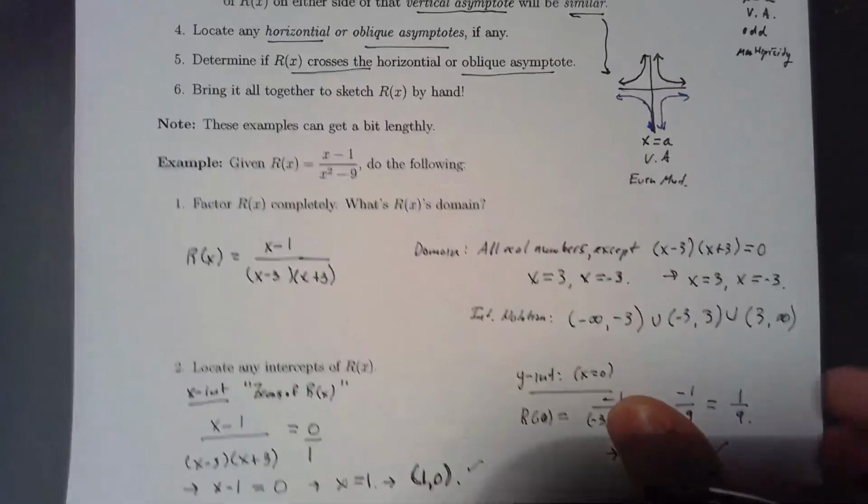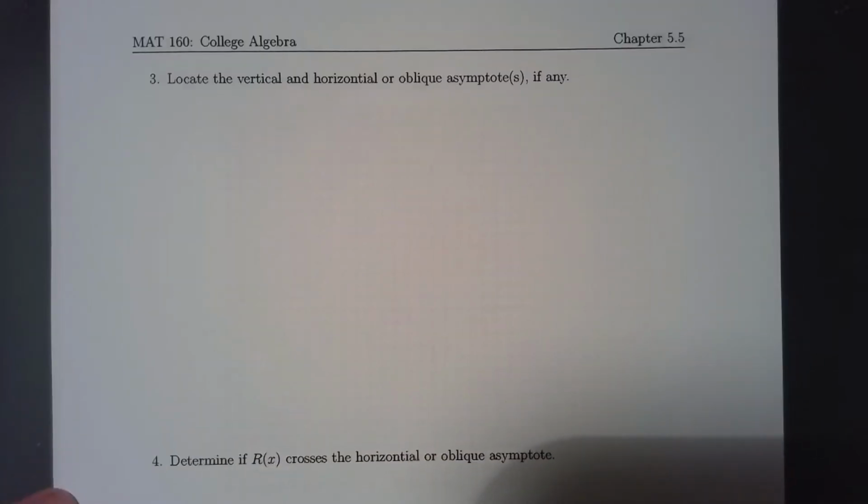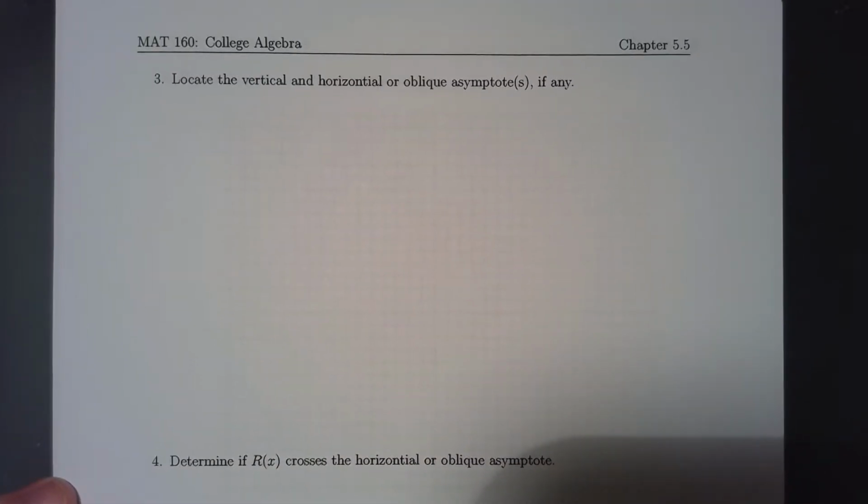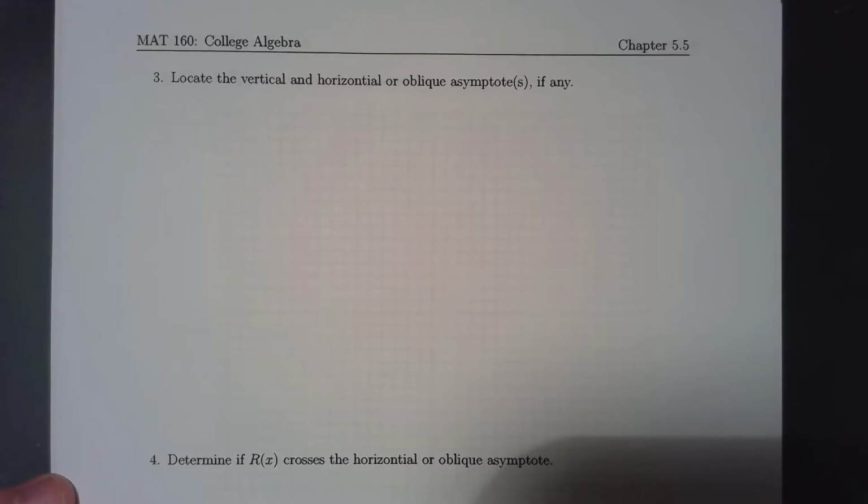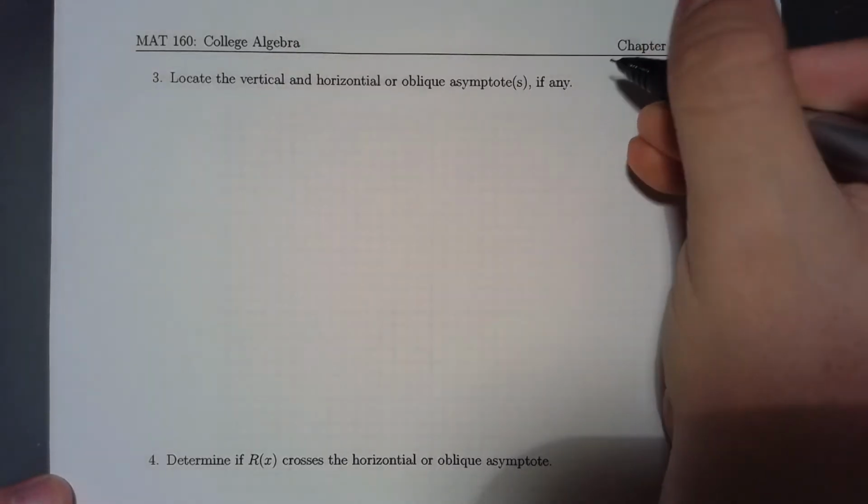So let's keep going. When we get to the point where we're going to graph this, I will rewrite all the information on that sheet. So locate the vertical and horizontal or oblique asymptotes, if any. And I'm going to say this as well.